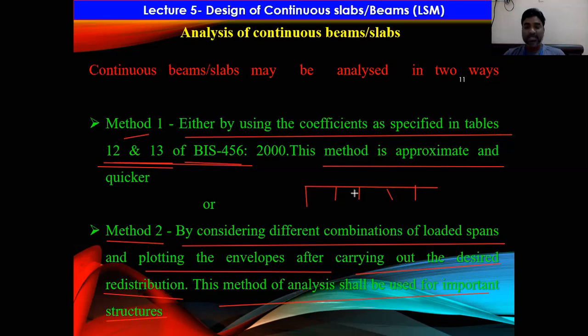To determine those shear forces and bending moments in continuous slabs and beams, it is giving some coefficients, right? Those shear forces and bending moments we can also calculate by using another accurate method, like the moment distribution method or Kani's method or any other desired distribution method you want. If you want to use it, you can use it.